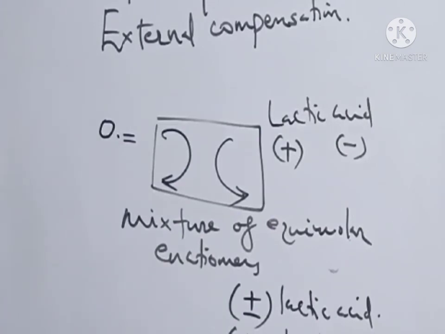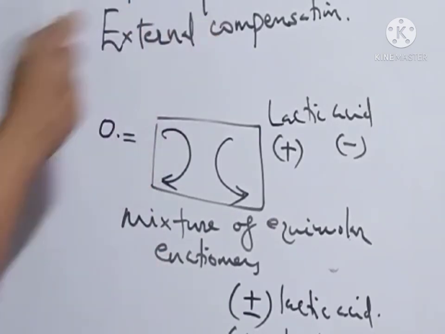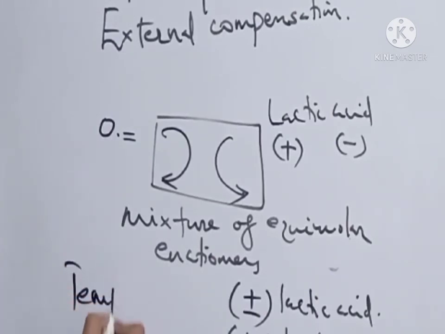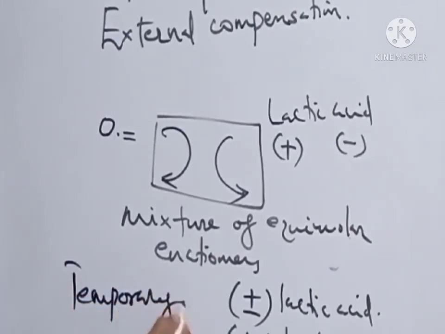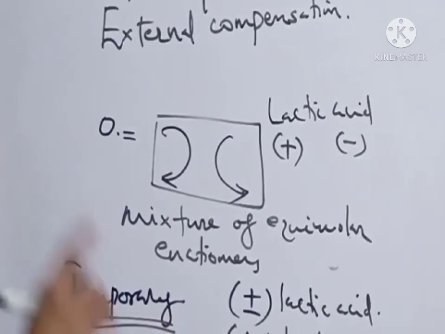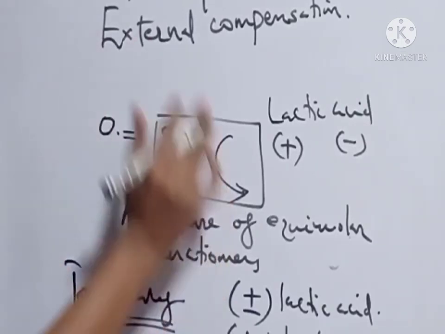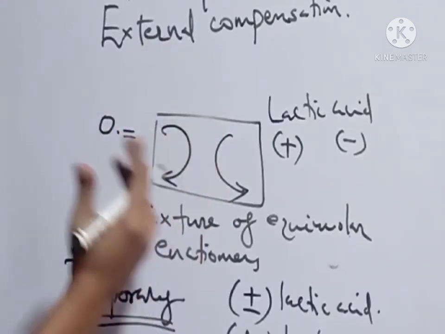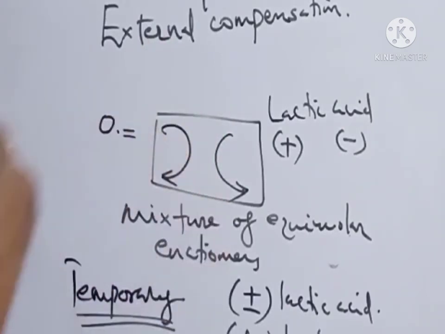But unlike meso compounds, the optical inactivity of a racemic mixture is only temporary. That is, we can make this racemic mixture active by separating the enantiomers from the racemic mixture.